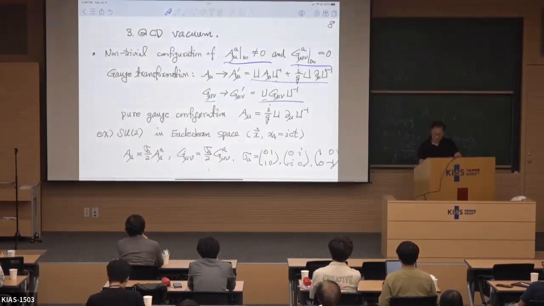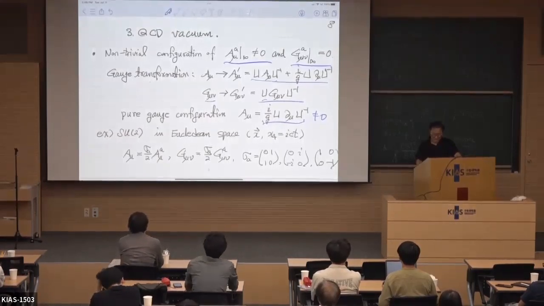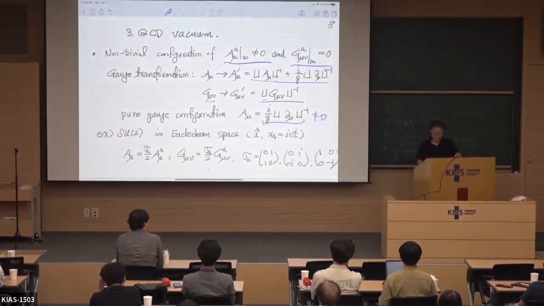Now if you take the initial gauge field as a pure gauge configuration, this can be non-vanishing, but the field strength can vanish at the boundary. So in fact, taking SU(2), we can get an explicit expression of this non-trivial configuration A_mu.